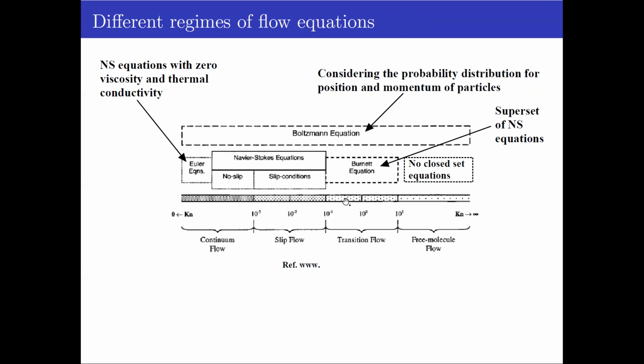Then up to 0.1 of Nusselt number, we can use the Navier-Stokes equations with no-slip or slip conditions. In transitional flow, we use the Burnett equations. And for the high Nusselt number case, there are no closed-form equations. However, the Boltzmann equation can be used for all ranges of Nusselt number.